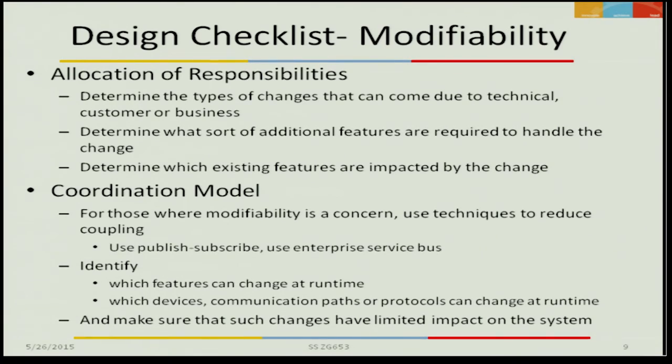It is very important to identify which features, devices, or communication paths can change at runtime, and do your design appropriately, so that if those devices or communication paths change, the system shouldn't be impacted. One very simple example is that you might write a program where you assume that your data will be available in a particular location on the hard disk.